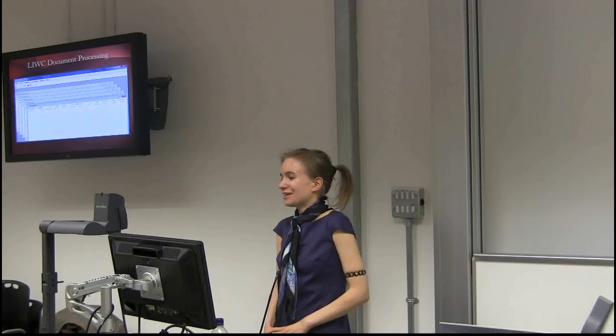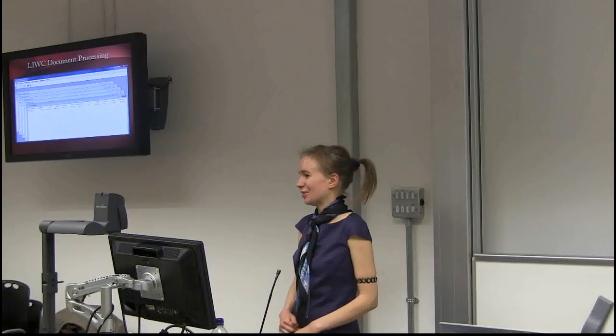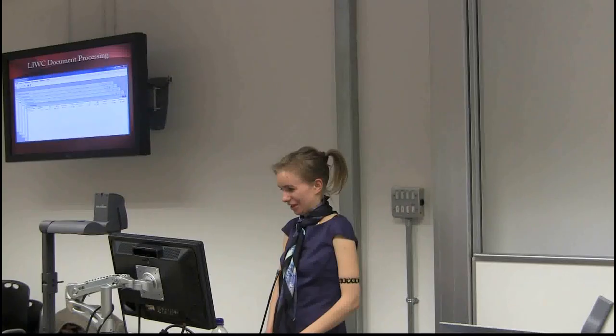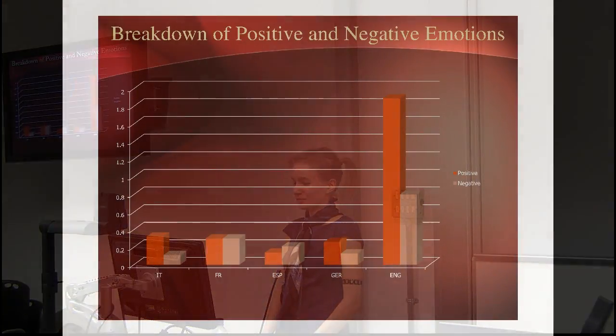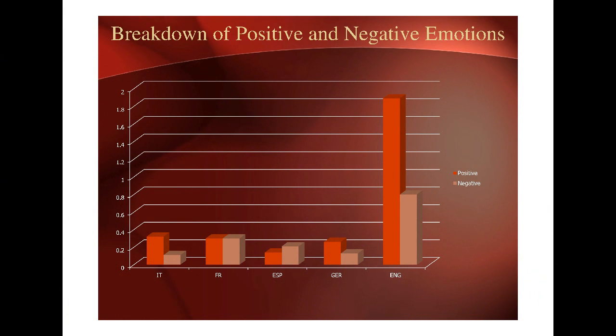And then I just did a simple positive and negative emotion category analysis, and so this was the result for Italian, French, Spanish, German, and English. In some categories French was the same. There are not so many tweets about archaeology in French to begin with, and it seems like positive is predominant, but is it? We would need to run the statistics.